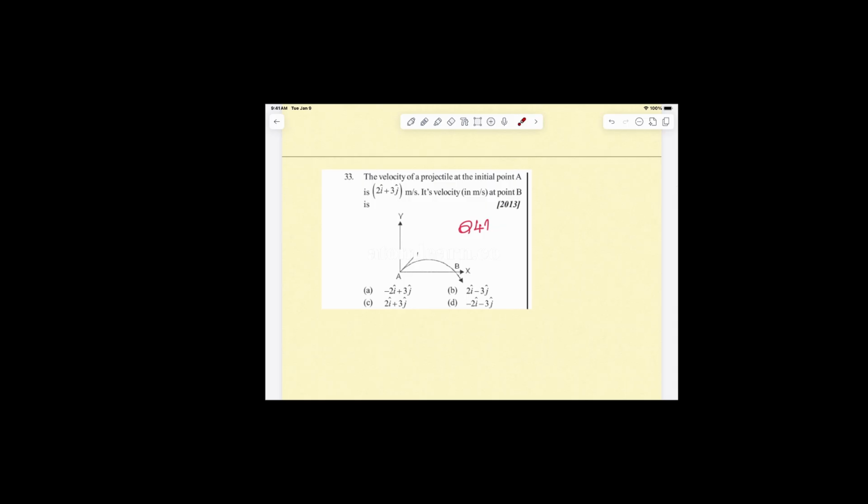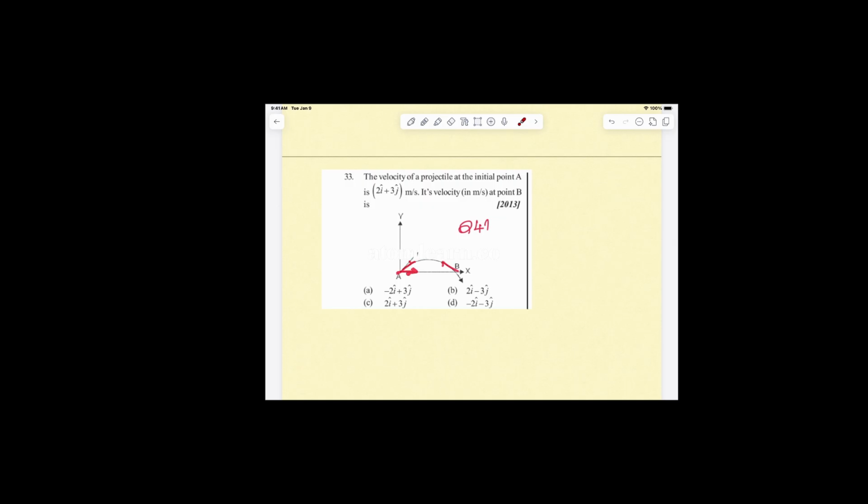Velocity of projectile at the initial point A is 2i cap plus 3j cap. That means the horizontal velocity is 2, and the vertical velocity, that is u sin theta, is 3. That's what is already given. And the velocity at the point B: it is the same as u in terms of speed and magnitude, whereas the direction will be like this instead of this.